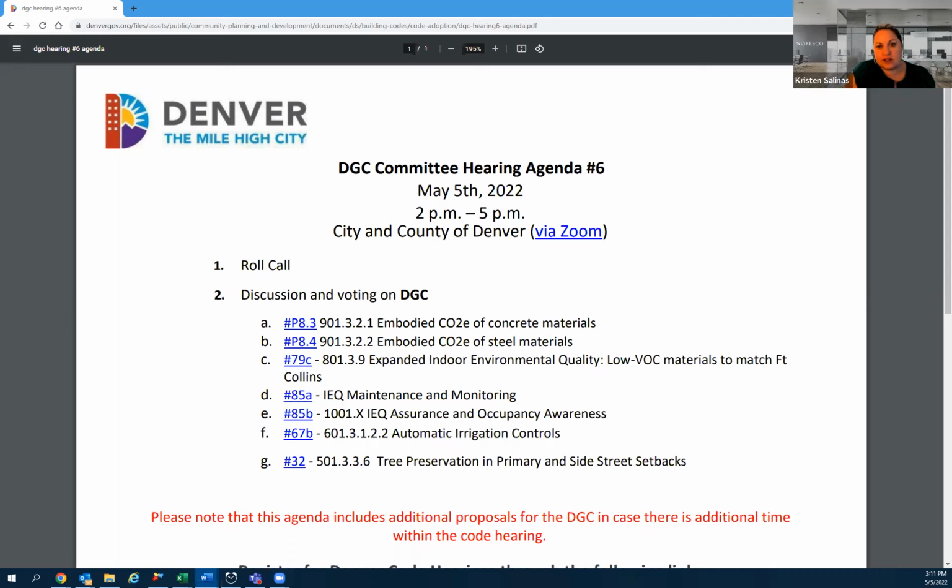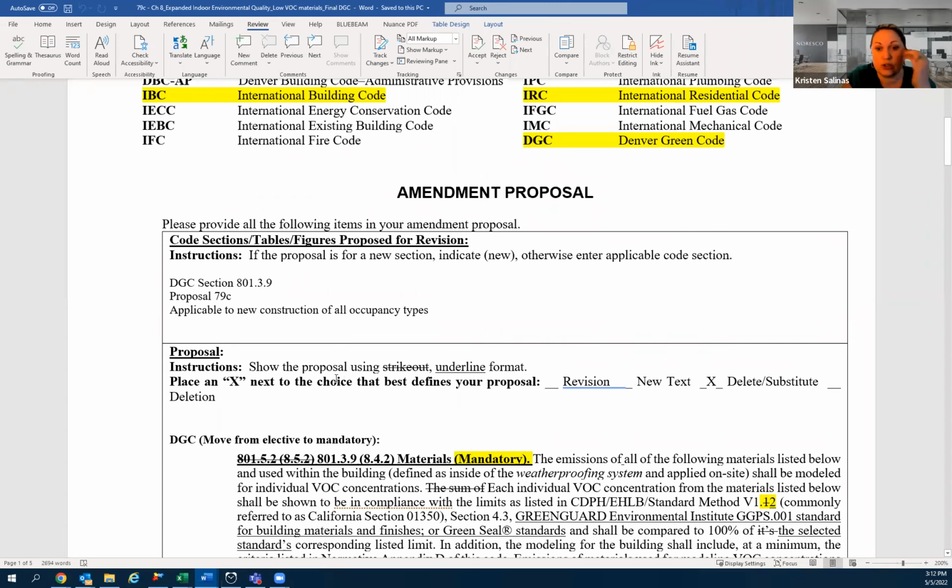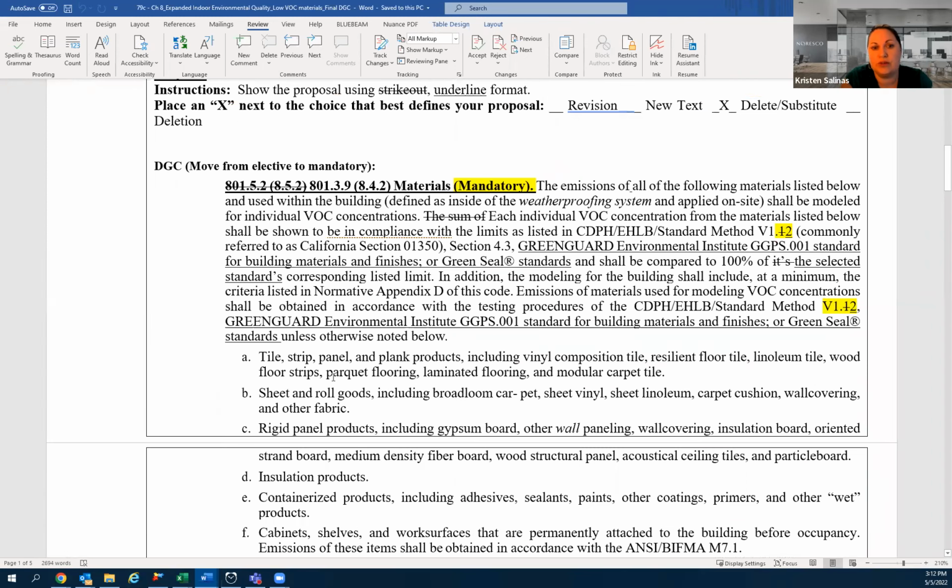So this is the low VOC materials proposal. And there are some adjustments that need to be made. The original proposal was to move more categories into mandatory. We did also hear this in the IRC and the IBC, and it did pass in the IRC. So now we're trying to rectify where the gaps are.